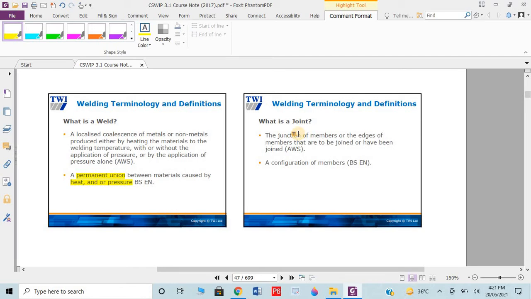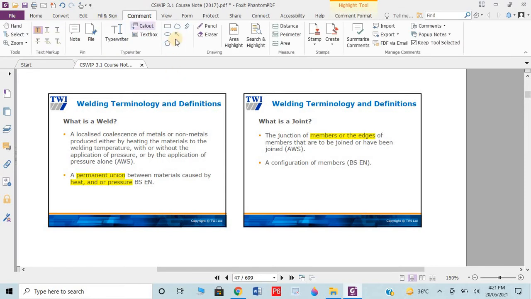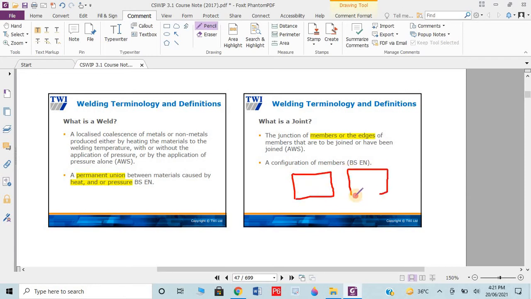So what is a joint? For performing that welding, we need some specific kind of joints. Suppose we have part A and part B. We need to weld them. How do we weld them?